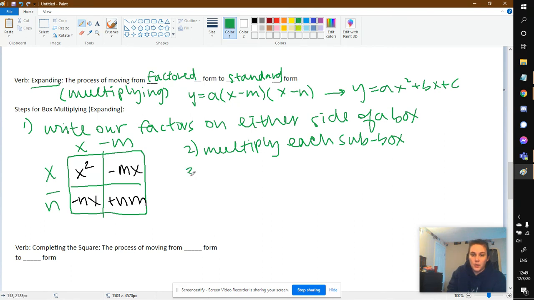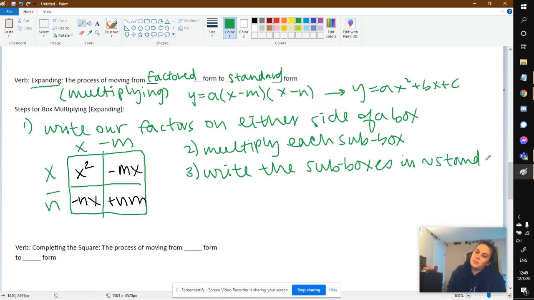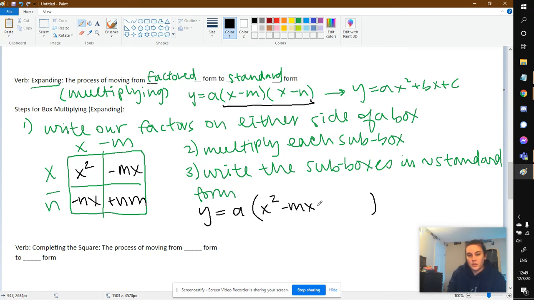Third thing would be to write the sub boxes in kind of like standard form. So we have y equals a, and where the factors were, now we just write this instead.